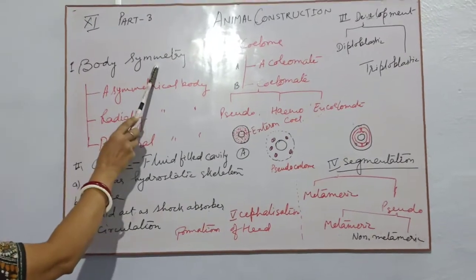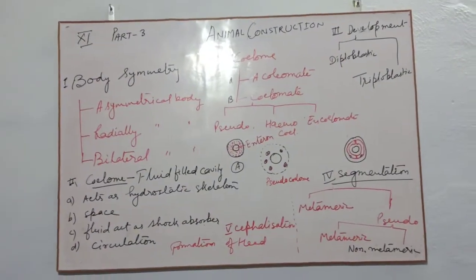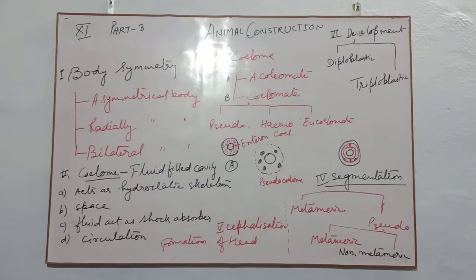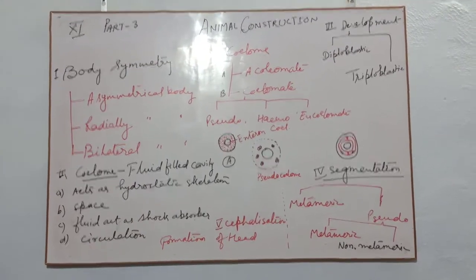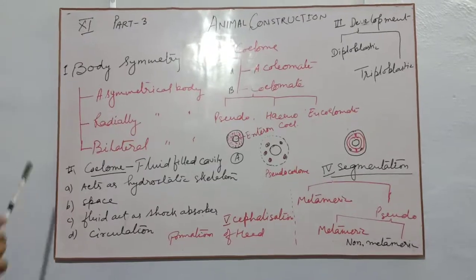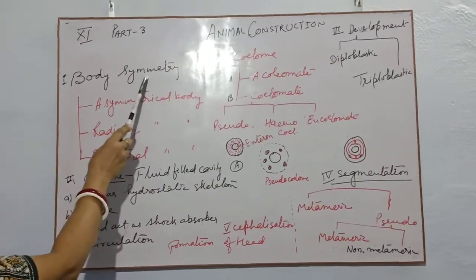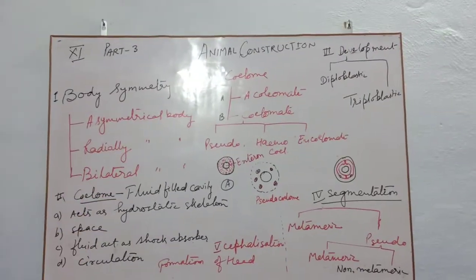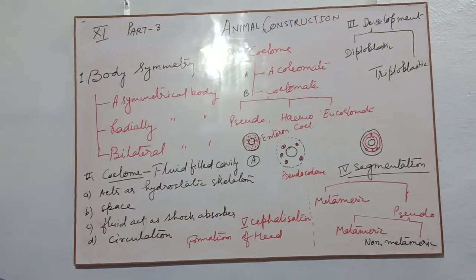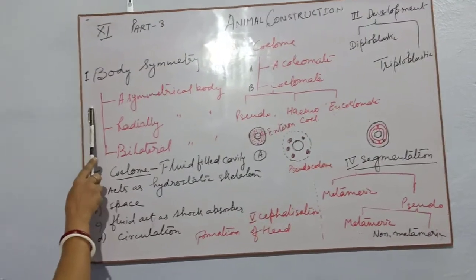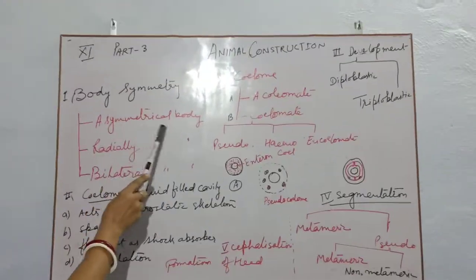Body symmetry means how the body can be divided into two parts, or whether it can be or cannot be. So body symmetry means the organs of the body are arranged in a symmetric way or in a non-symmetric way. So first part of it, asymmetrical body.